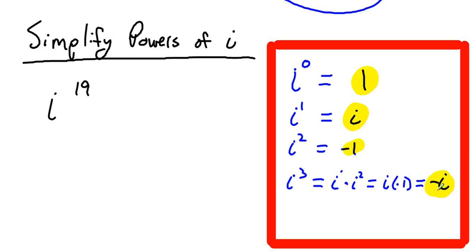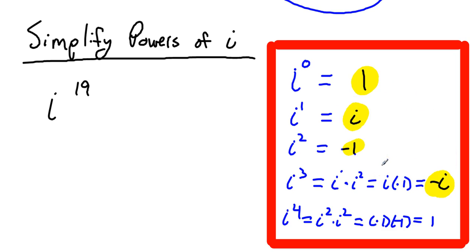Now if you get to i to the fourth, and this is part you don't have to know, but just kind of watching this one, you can rewrite that as i squared times i squared, which means this is negative 1 times negative 1, which would be a positive 1, which gets you right back to here, and then you're just going to keep repeating through this one.